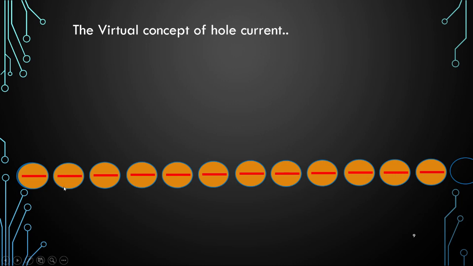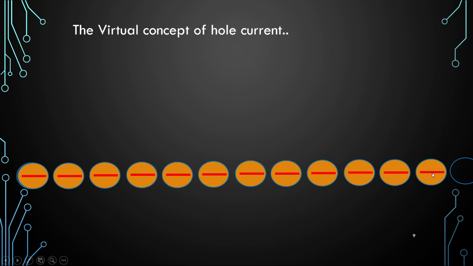But when electrons are moving in one side, we also get a hole current in the opposite direction, right? The electron direction is the movement of electrons, but the conventional current direction is opposite to that. Electrons get created at the negative terminal, so they get attracted towards the positive terminal. Electrons always move from negative terminal to positive terminal.